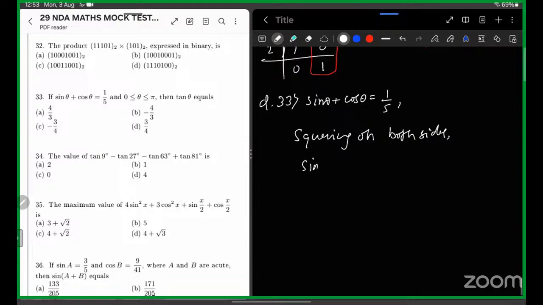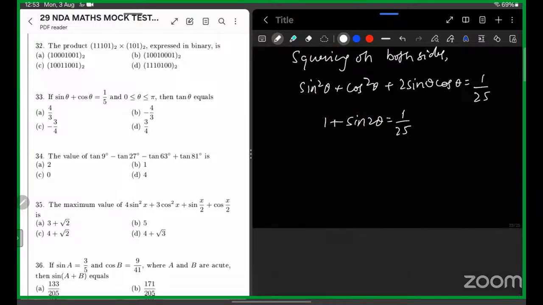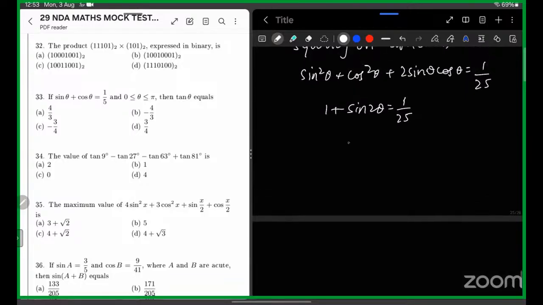I will be getting sin square theta plus cos square theta plus 2ab, that is 2 sin theta into cos theta is 1 by 25. 1 plus sin 2 theta is 1 by 25. So sin 2 theta can be written as 1 by 25 minus 1, that is minus 24 by 25.